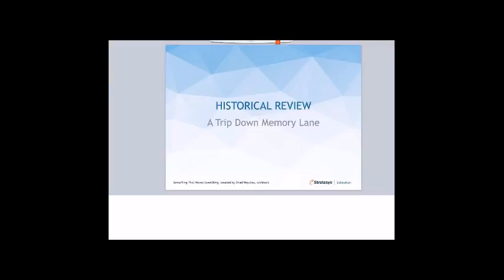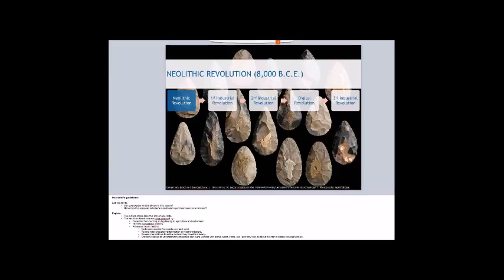But historical review, this is how we start the course. And yes, the course is in Japanese as well, in German, and Chinese is going to come, and French. So we actually go from the first beginning of making.